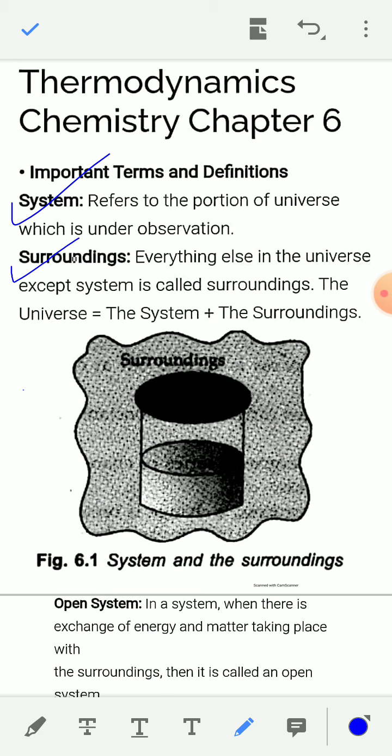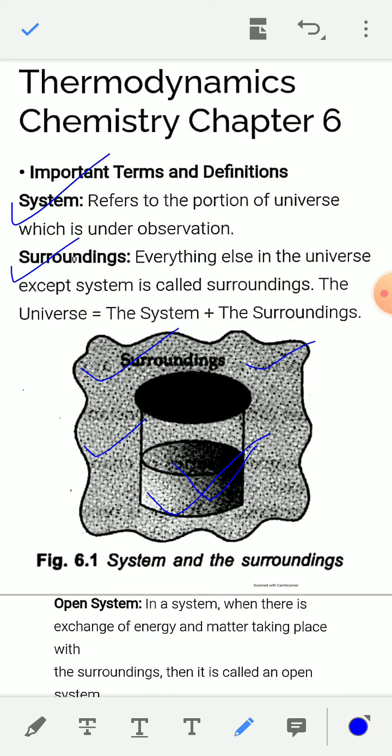Suppose you have taken water in a beaker. In this example, you have taken some water in a beaker for observation or analysis, so only the water is known as system, and except the water, all the remaining part of the whole universe is known as surroundings.